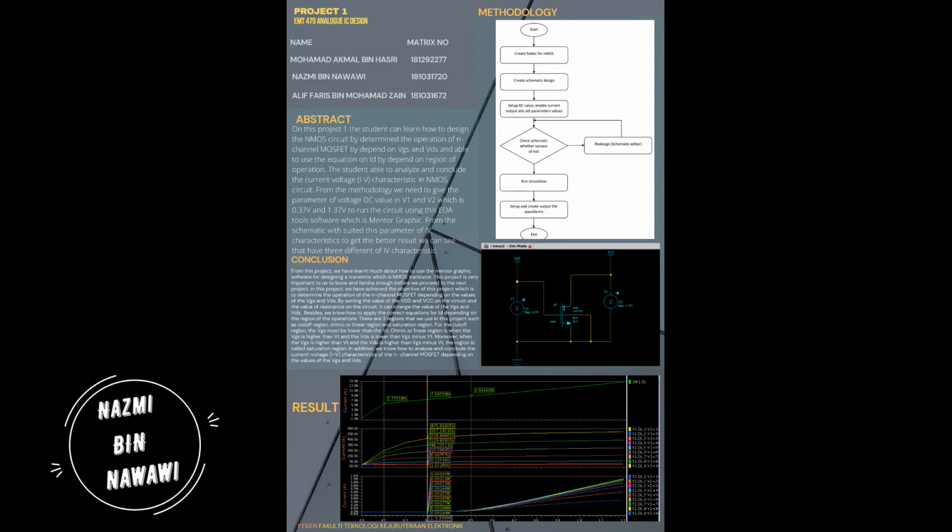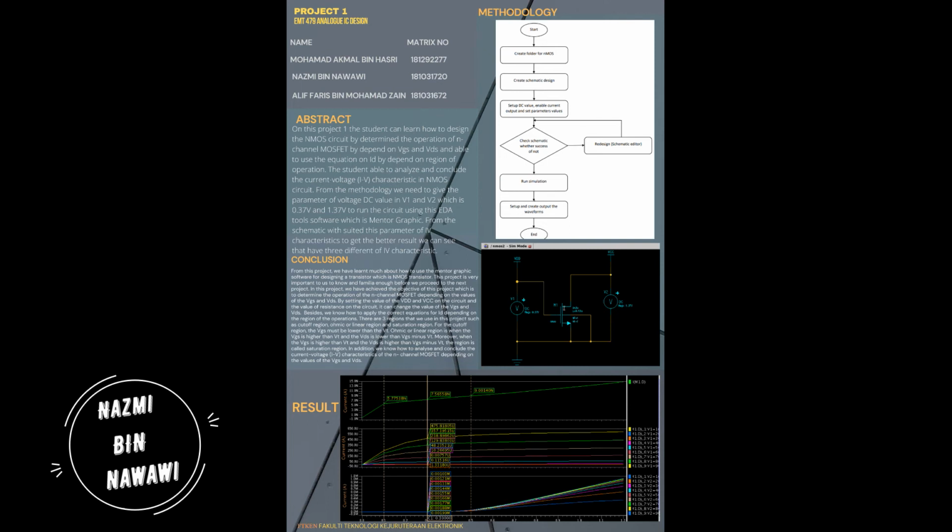There are 3 regions that we use in this project, such as cut-off region, ohmic or linear region, and saturation region. For the cut-off region, the VGS must be lower than the VT. Ohmic or linear region is when the VGS is higher than VT and the VDS is lower than VGS minus VT.